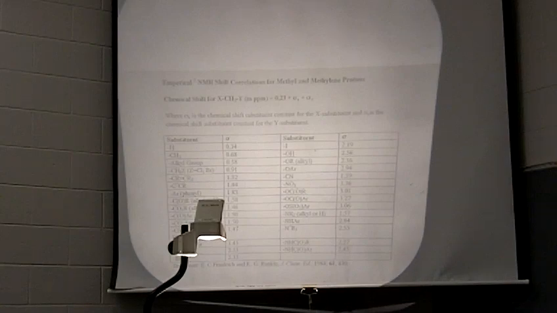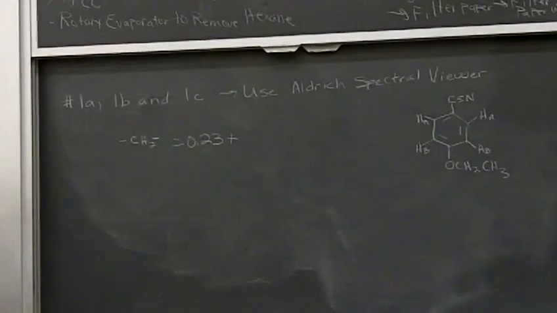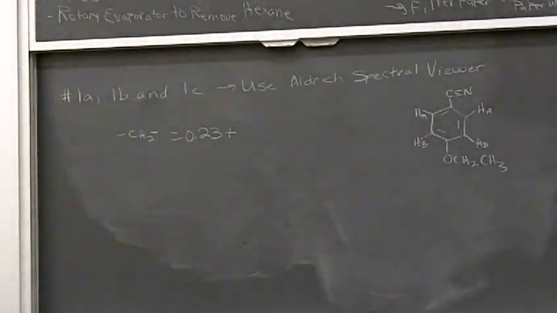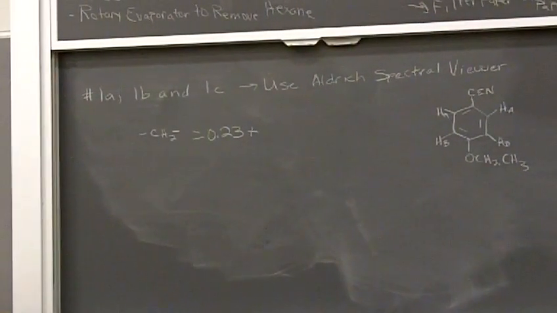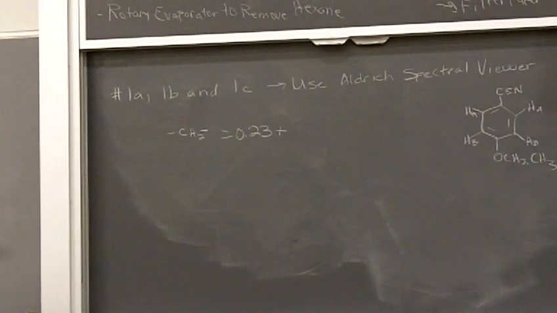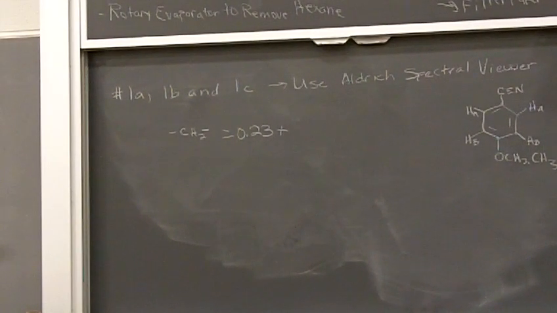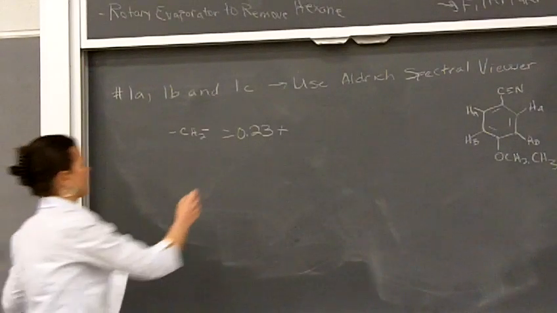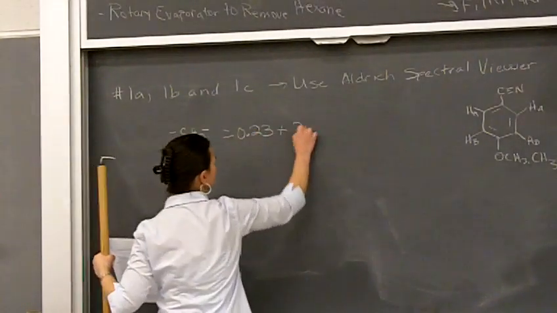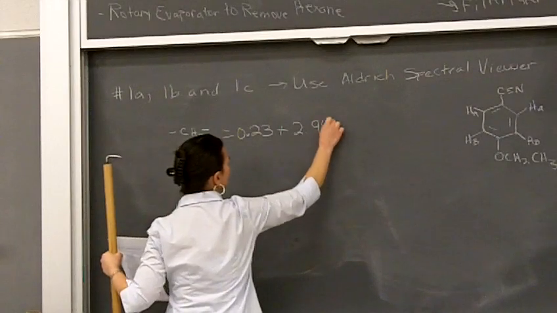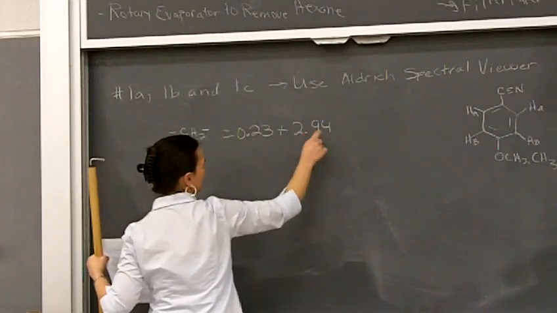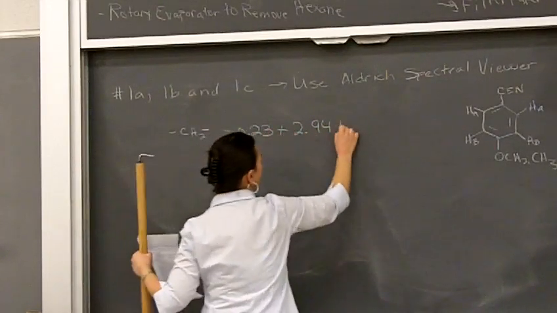We'll start with our 0.23, and then we need to look at what happens with the chemical shift with an O-aryl group. That is this one right here, okay? So we add that coefficient to the 0.23. If it's positive, you add it. So it's positive 2.94, so we're going to add that.